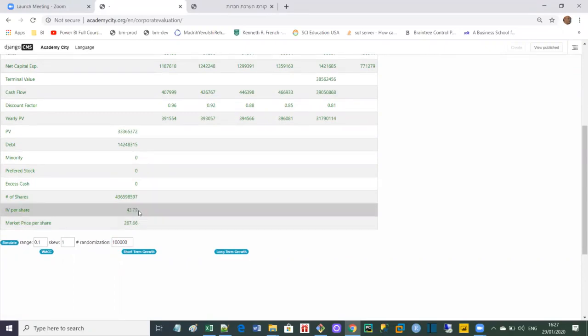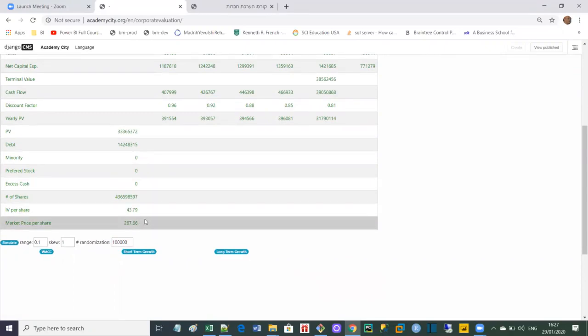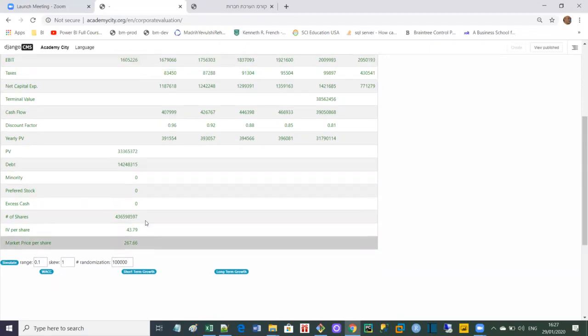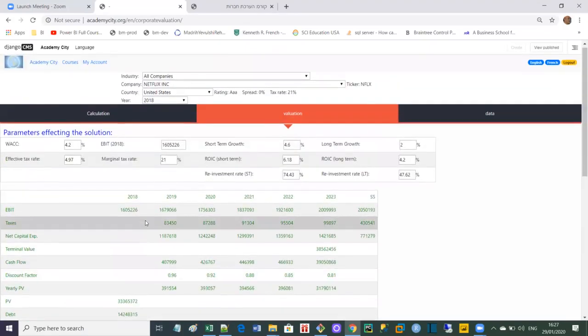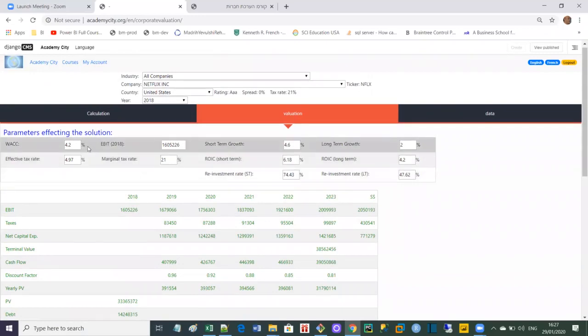That means intrinsic value is extremely lower than what it's being traded for. In this case, you will ask yourself, well, maybe whatever calculations we're doing are not really reflecting the true potential of this company. And we made some assumptions about the growth rate in the short term, maybe we'll increase it, and we'll see if we are close enough.